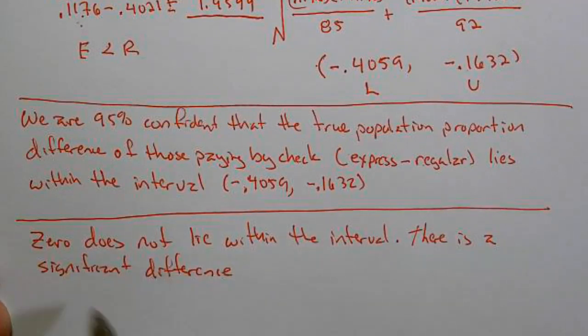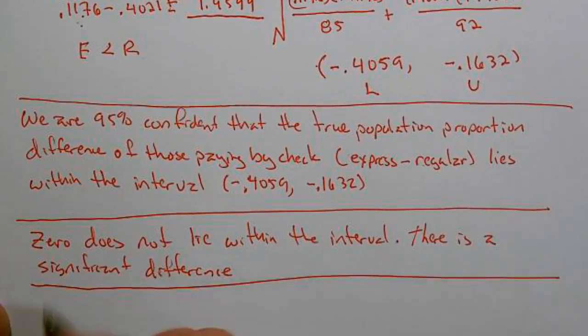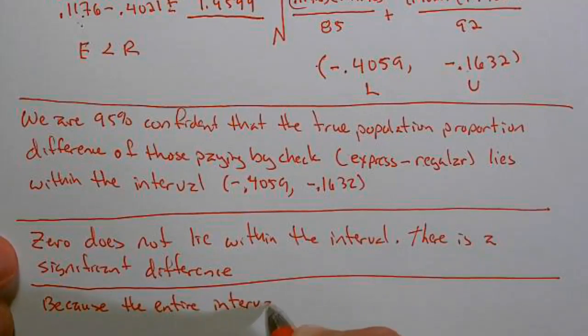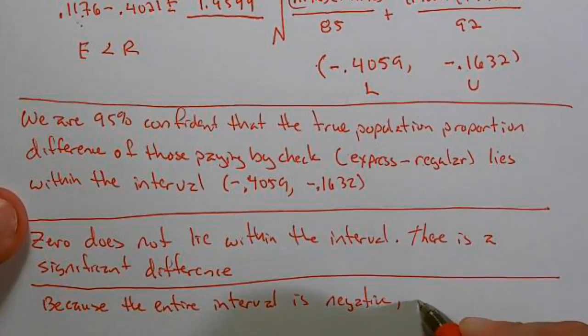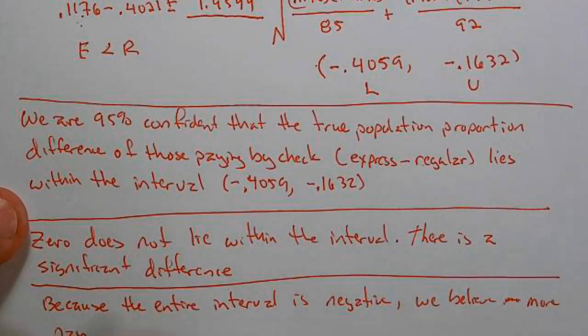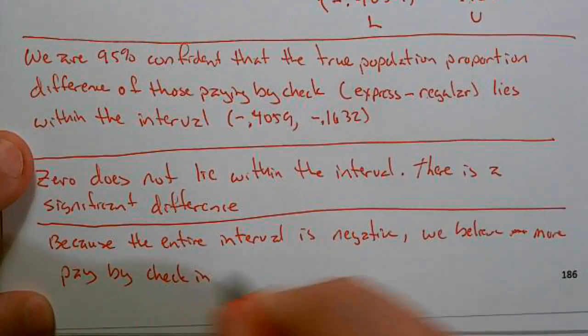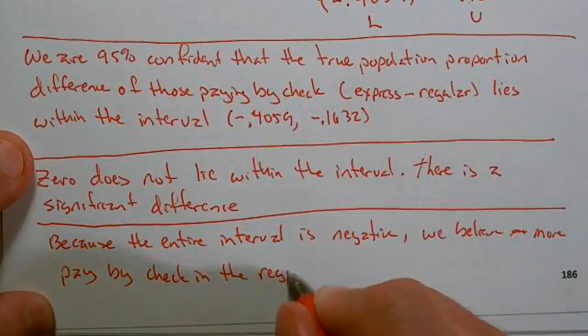And we actually know one other thing. Because the entire interval is negative, we believe more people pay by check in the regular line.